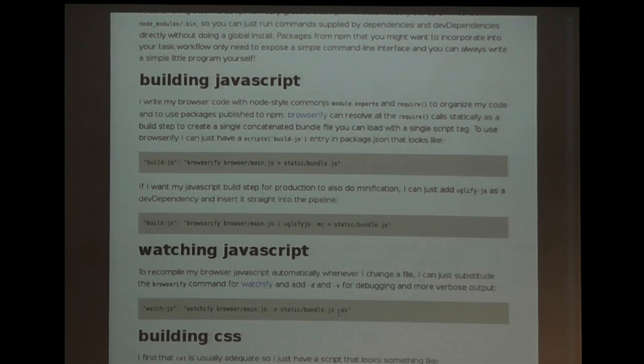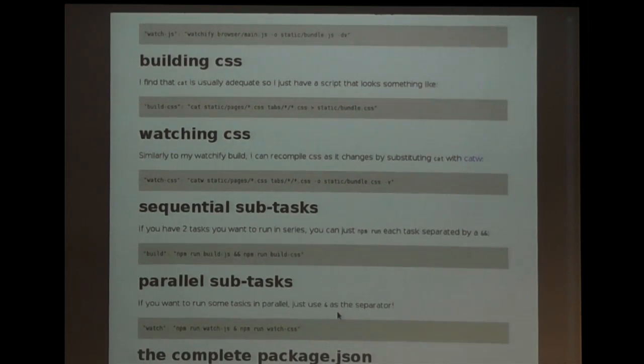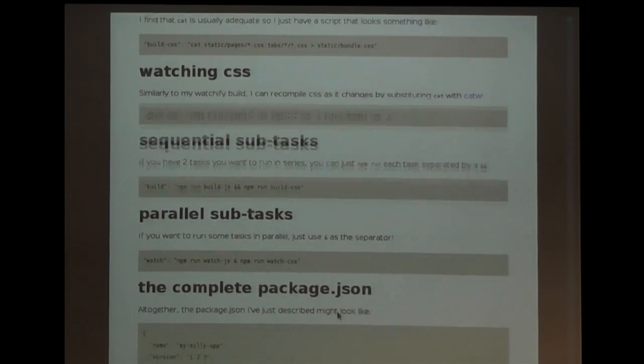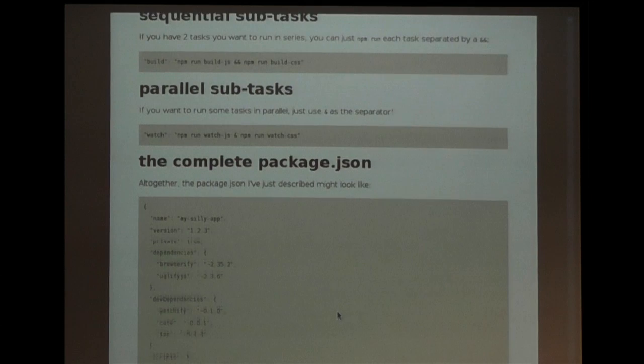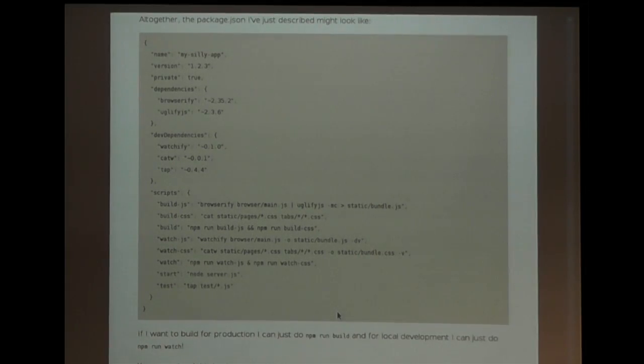But Substack does a great job of breaking out how you do a build with NPM as a task runner. Here's how you would do your watch, just like Grunt normally does during local development. Here you could build your CSS, you could watch your CSS, and here's what your resulting package.json might look like.